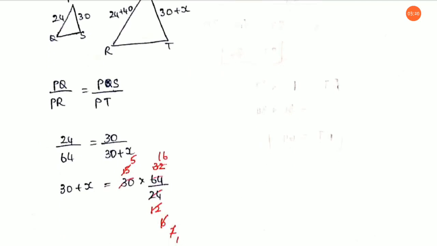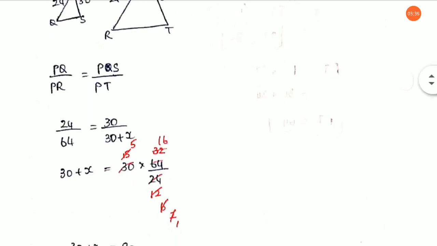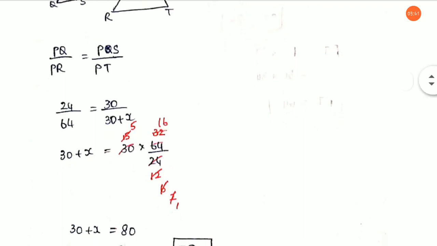So in the next step, you are going to equate this and find the value of X. In order to do that, you are going to take this 30 plus X to the other side, and this 24 by 64 is going to be taken to the other side, so it will become the reciprocal. So 30 into 64 by 24, and then I am going to cancel it out. Shall we cancel using two tables? The final answer we are going to get is 30 plus X is equal to 80.